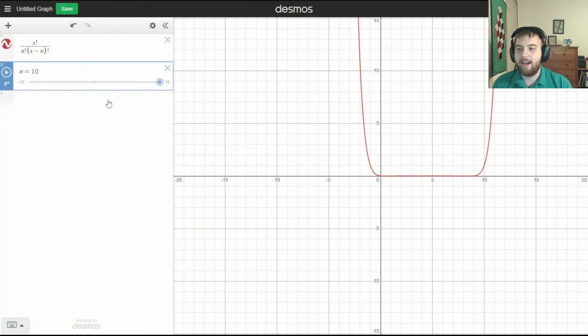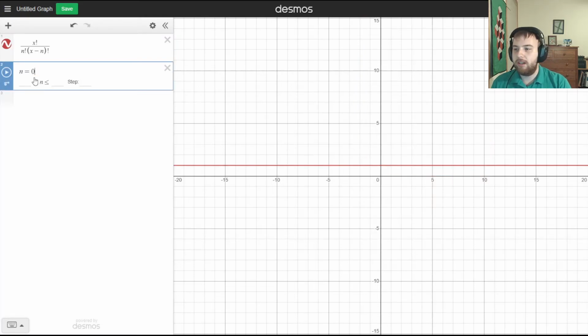So here we have Desmos. It's nice, and they let you put in factorials for non-integer values, and they don't mind. It's a lot easier than trying to figure out where the gamma function key is on this. Let's take a look here.